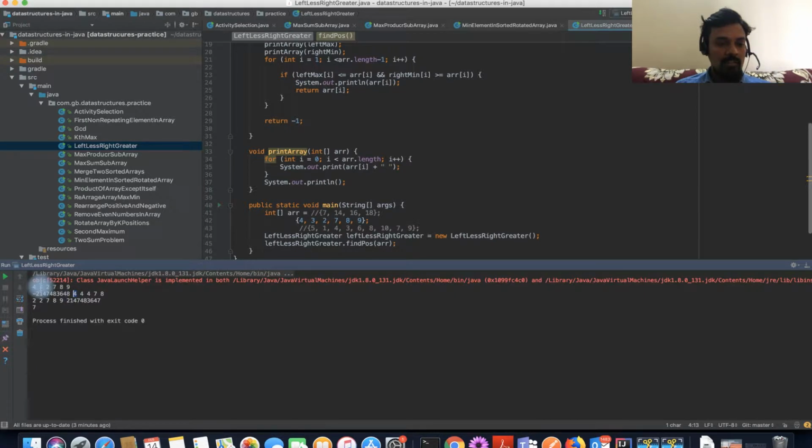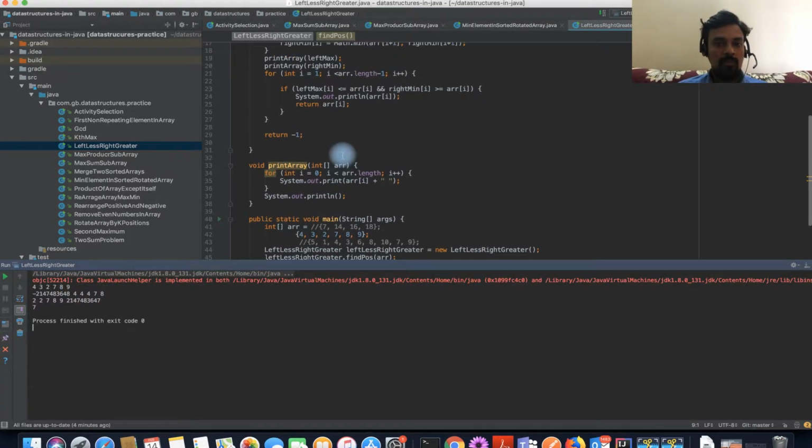For the third position, Math.max of 3 and 4, which is 4. Then Math.max of 2 and 4, which is 4. The fifth position is Math.max of 7 and 4, which is 7. And the sixth position is Math.max of 8 and 7, which is 8. This is how left max is filled.